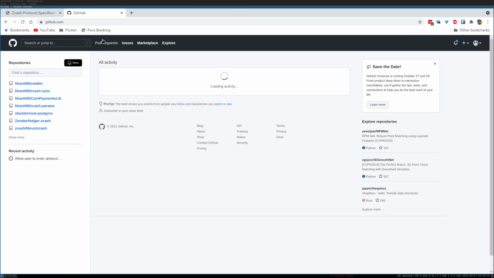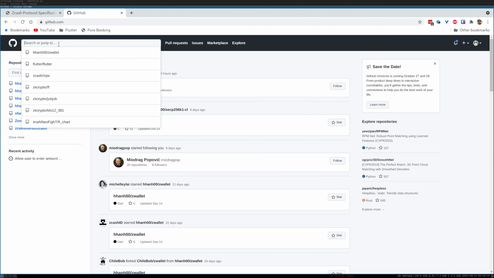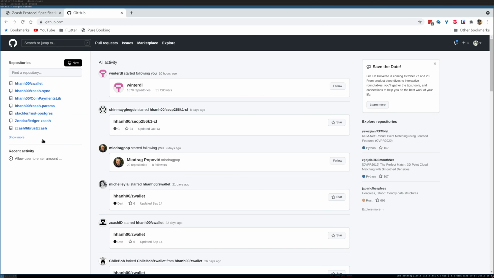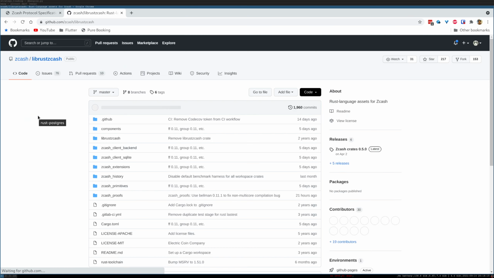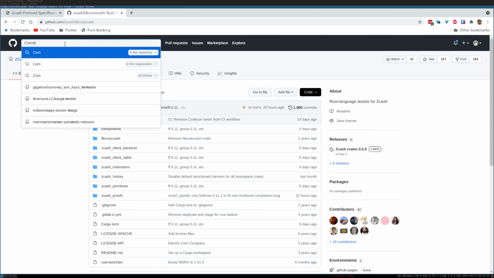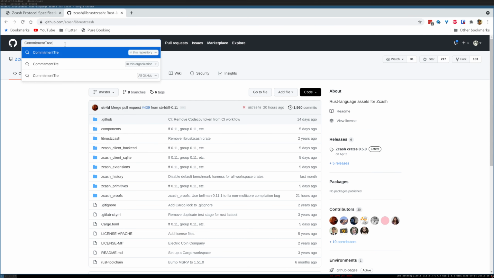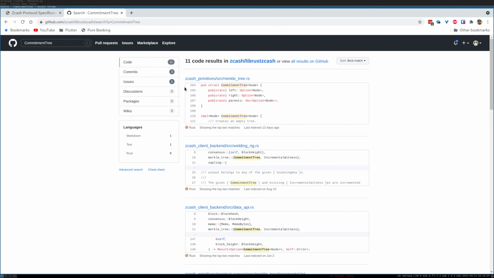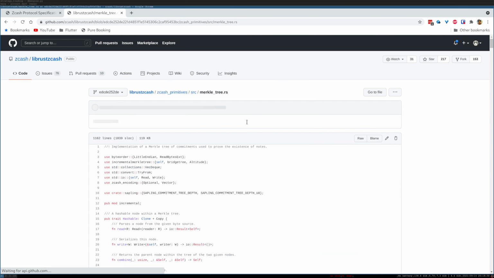Pull it up. Okay, so this is Libra Zcash, and we're looking for commitment tree. This is our guy, right?